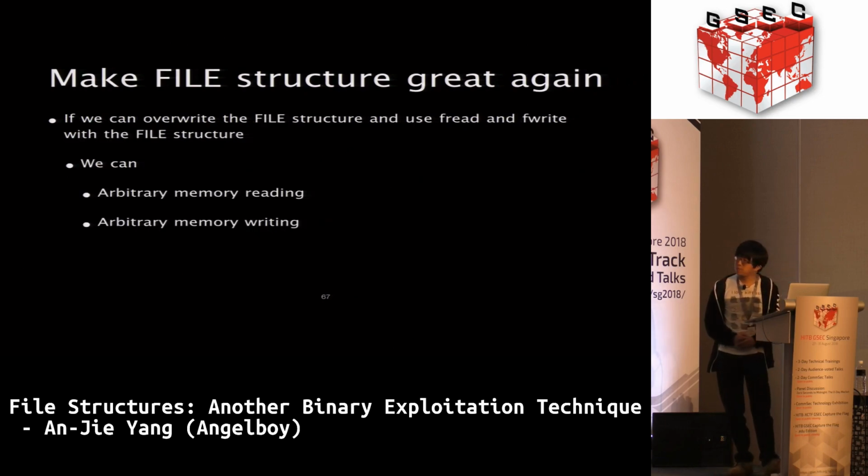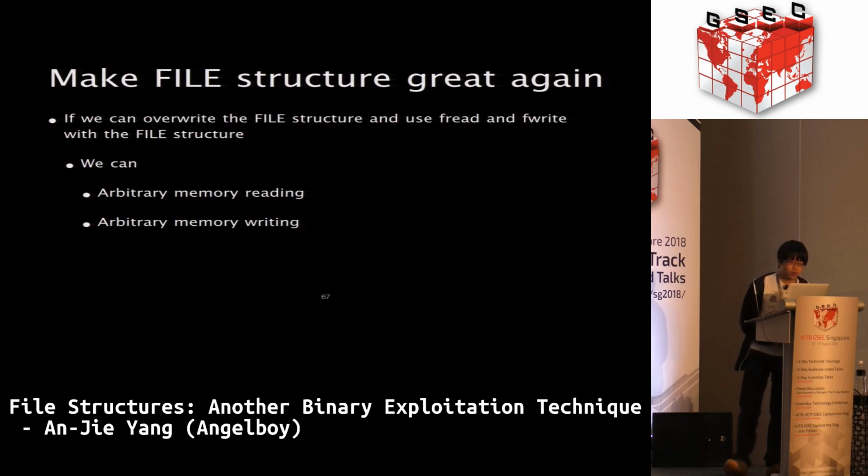After reading the Glibc source code, we find that if we can override the file structure and use fread, fwrite, or other string related functions with the file structure, we can do arbitrary memory reading or arbitrary memory writing.